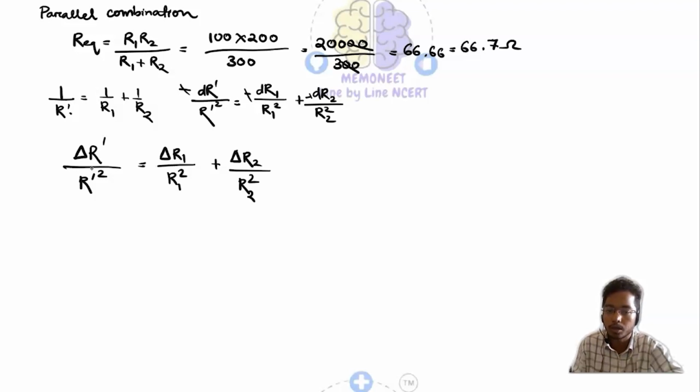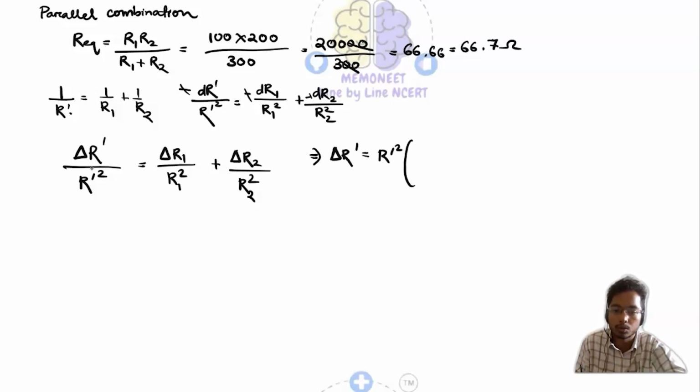So here we can also write delta R dash is equal to R dash square into delta R1 upon R1 square plus delta R2 upon R2 square.